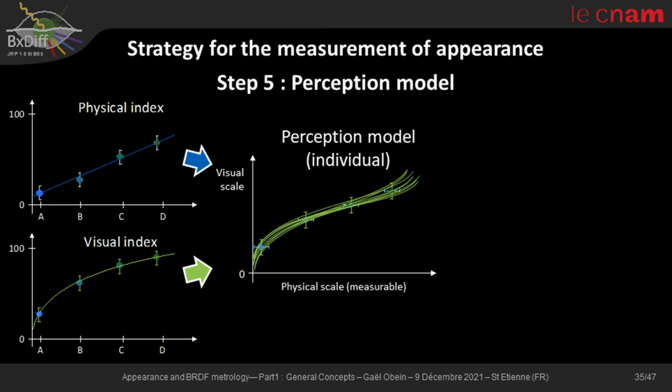Oh, sorry, I need to use my mouse, otherwise those who are online will not see. A perception model puts in relation a physical scale that is measurable with an instrument with the visual scale that is here in your brain.